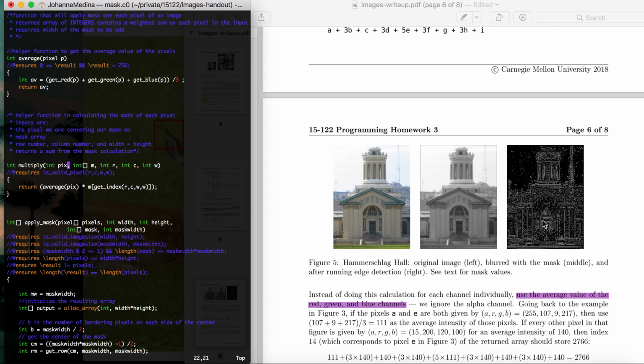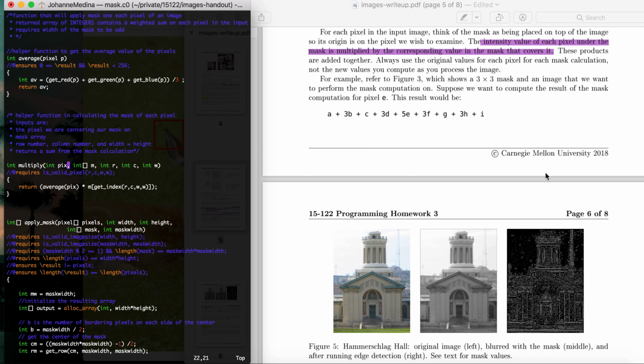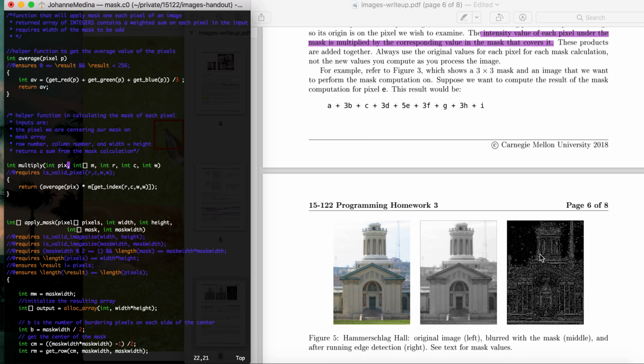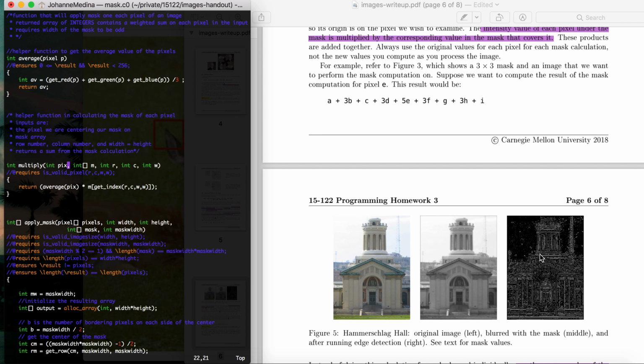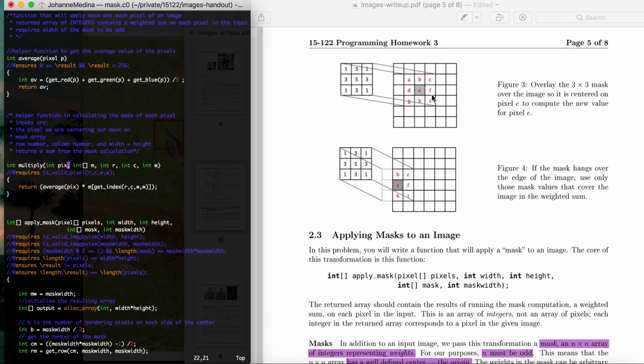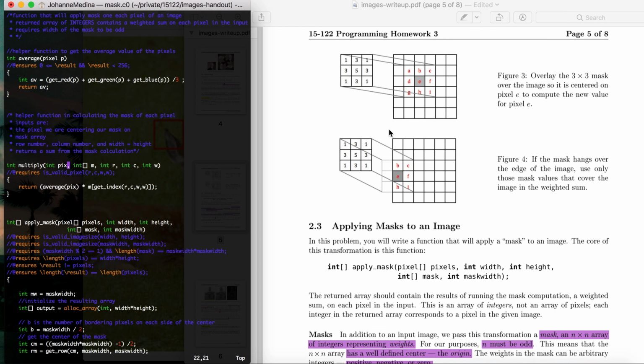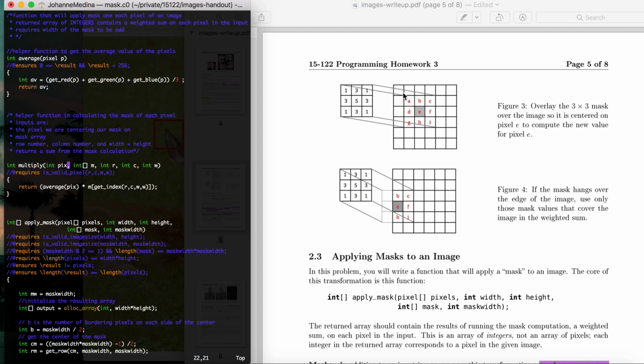Moreover, this is applying a mask on the image, where the intensity value of each pixel under the mask is multiplied by the corresponding value in the mask that covers it. It basically follows this algorithm where for each pixel you get all the surrounding pixels around it, and then you multiply that specific pixel by this matrix.